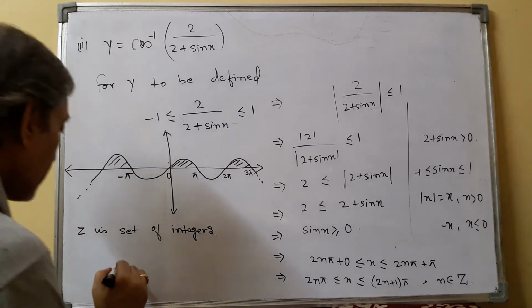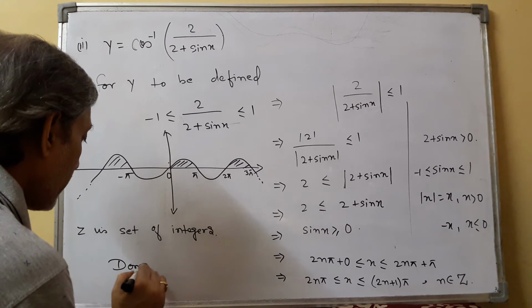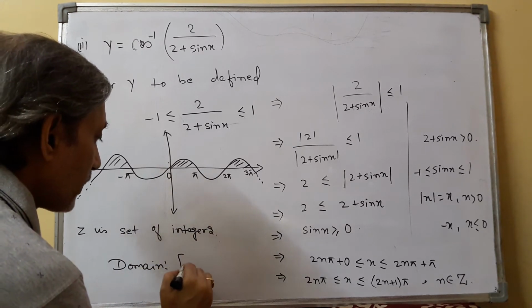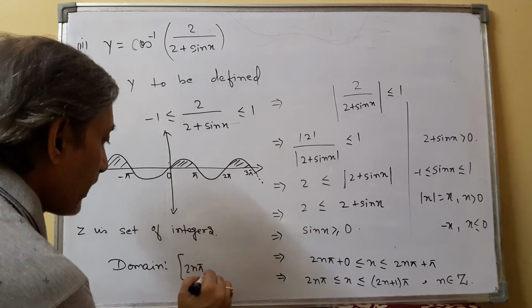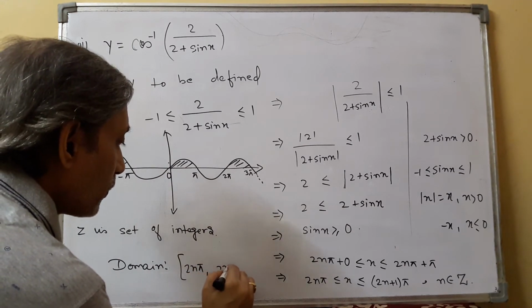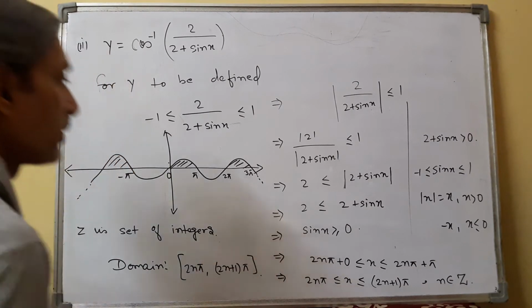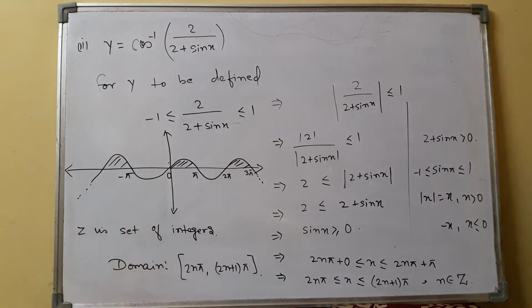So we are getting the domain as, finally I am writing the domain, the closed interval 2n pi comma 2n plus 1 pi. So this is our final answer.